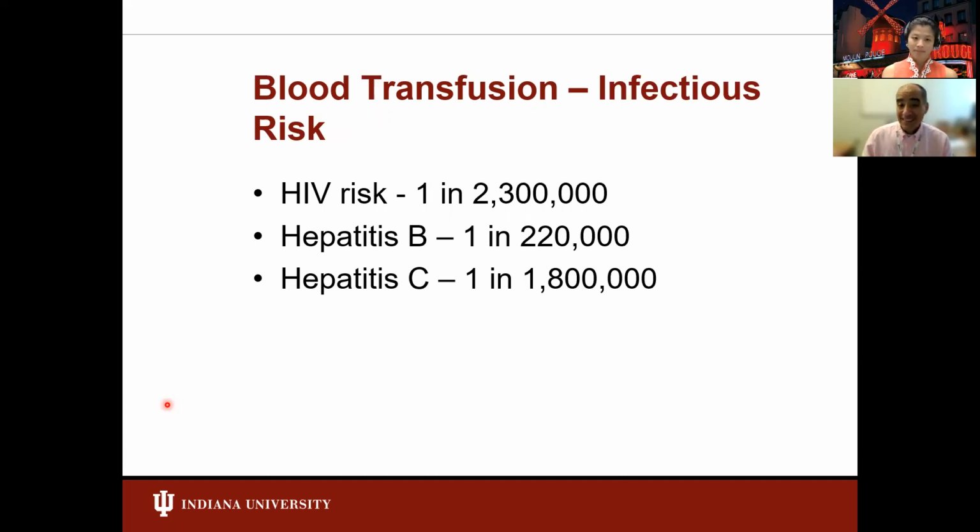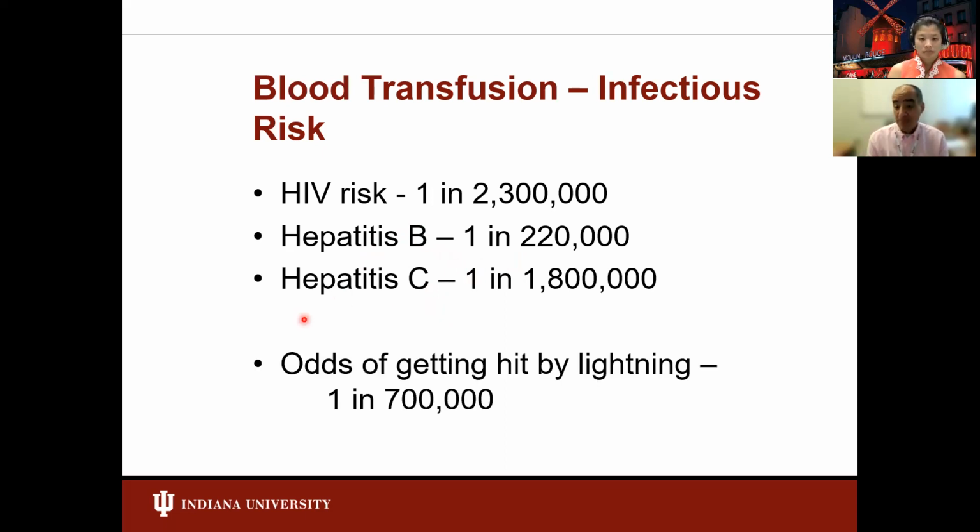Now you can see nowadays the risk of HIV being transmitted is probably about 1 in 2.3 million. There are a couple of other infections that we worry about, such as hepatitis, with hepatitis B being about 1 in 220,000 and hepatitis C being 1 in 1.8 million. To give you an idea, the odds of getting hit by lightning is about 1 in 100,000.